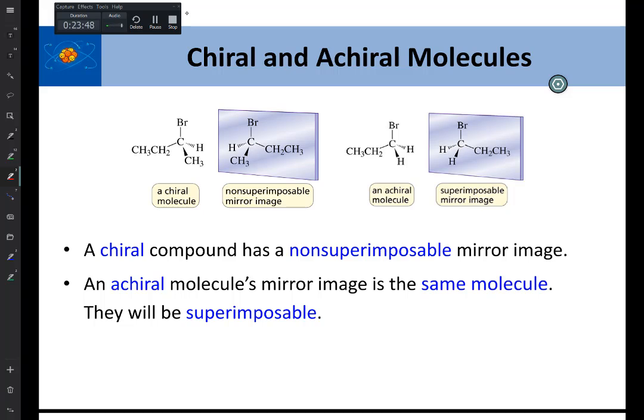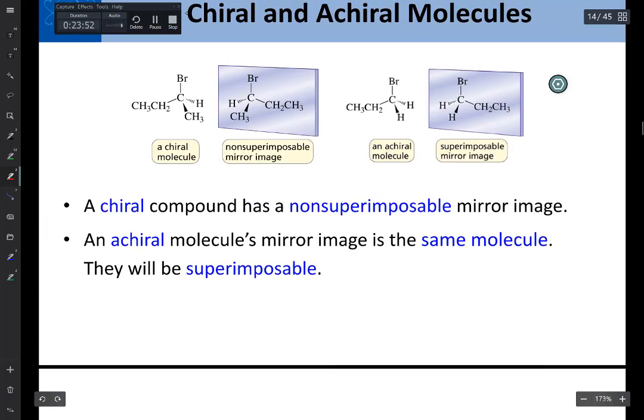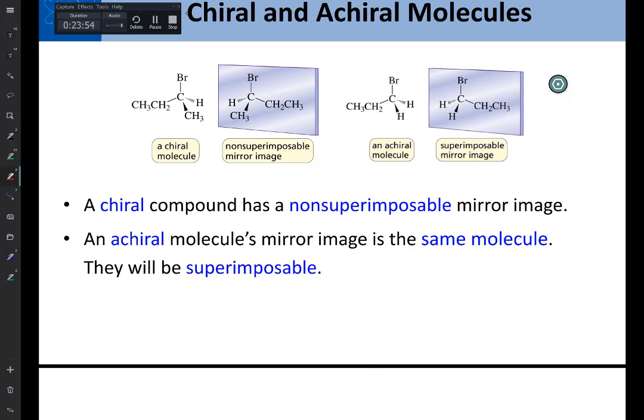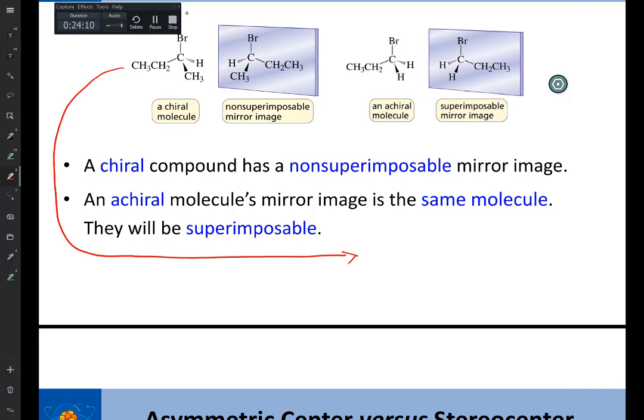Now, one way to draw it is like they've done up here. What's the other way to draw it? This is an important skill for later. So let's say I wanted to draw the enantiomer of that, and I didn't have the image that's up there, and I didn't want to draw the mirror image because I don't like doing art.